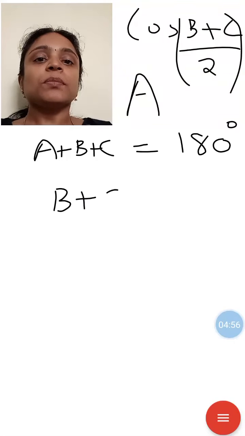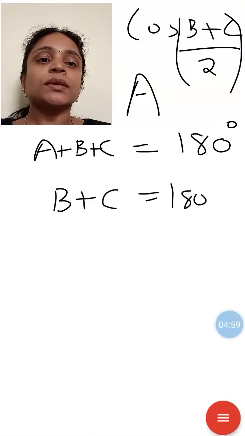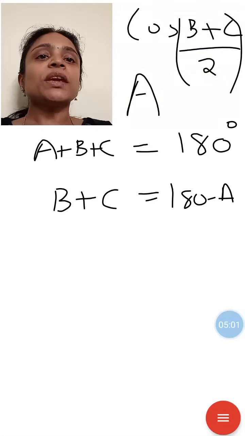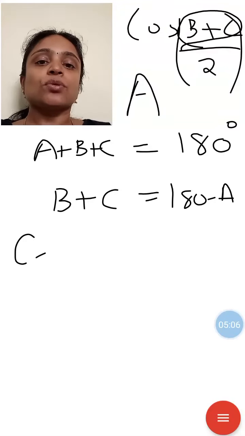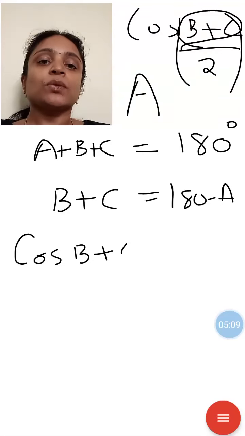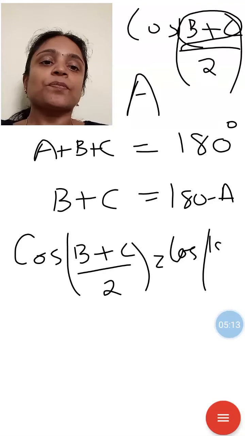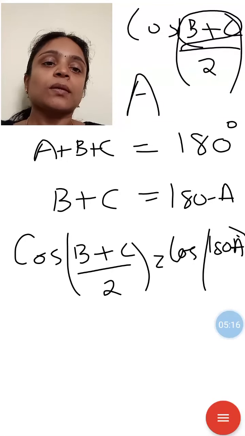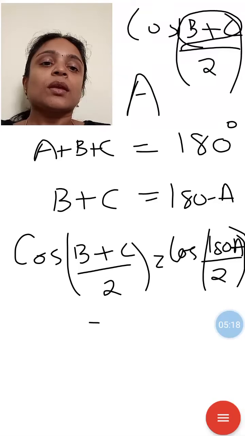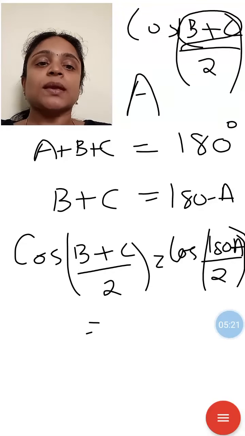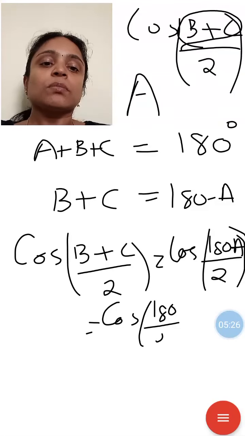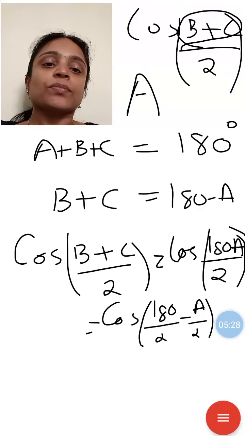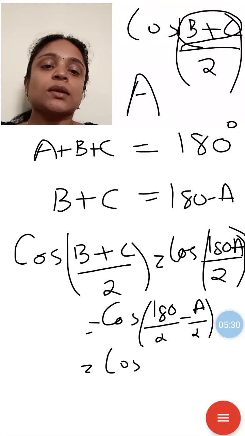B plus C equal to 180 minus A. So, we can substitute for this 180 minus A. So, cos B plus C by 2 equal to cos 180 minus A by 2. Cos 180 minus A by 2 is cos 180 by 2 minus A by 2, which is cos 90 minus A by 2.